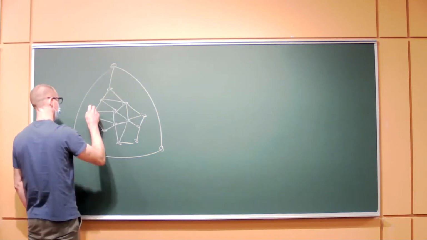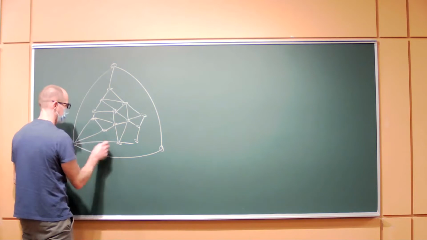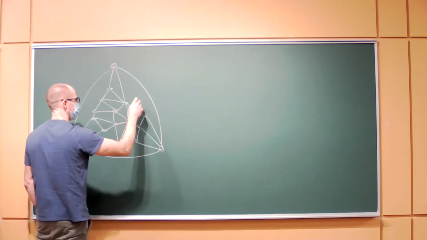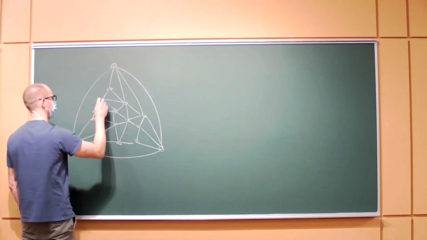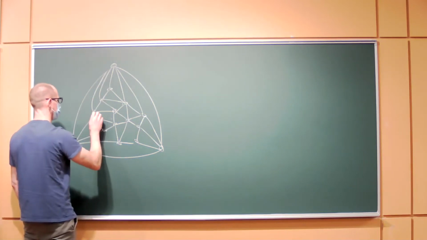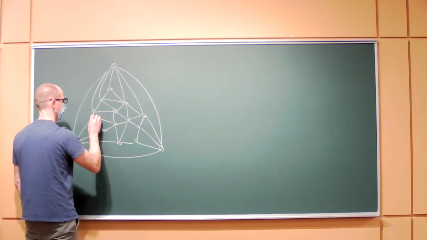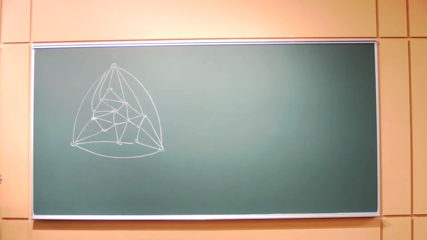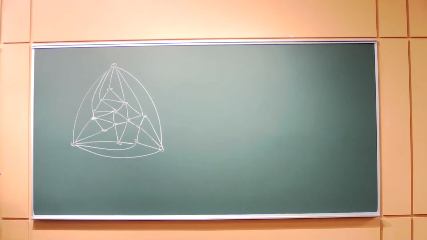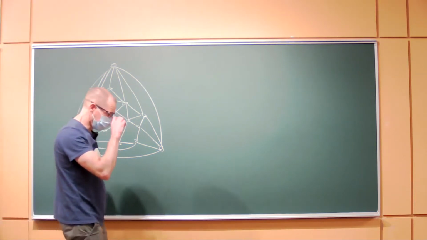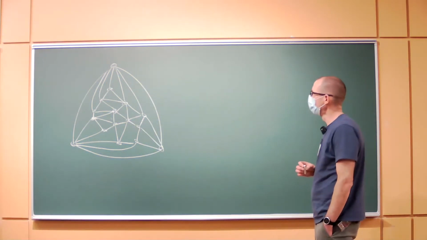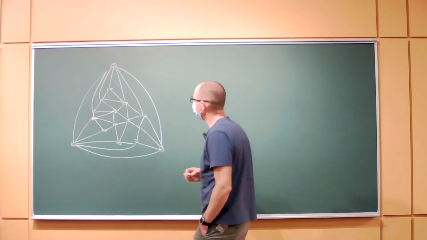And we were looking for this thing that I call a tripod decomposition. So what you do is you take a shortest path tree or shortest path forest to the outer face of your graph.